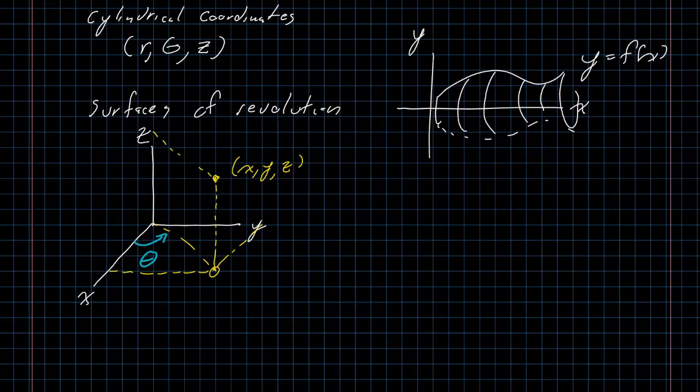The angle theta is measured from the positive x-axis in the direction of the positive y-axis, following the right-hand rule. Nothing has changed there. And then r is measured out from the origin in the xy plane directly to the shadow of the point in question.